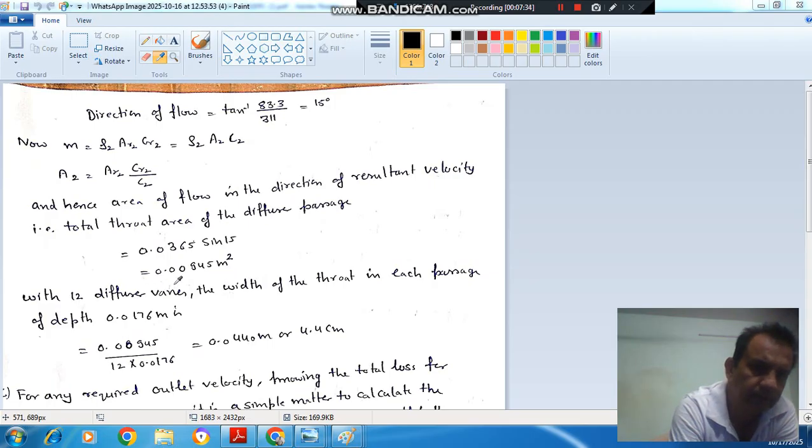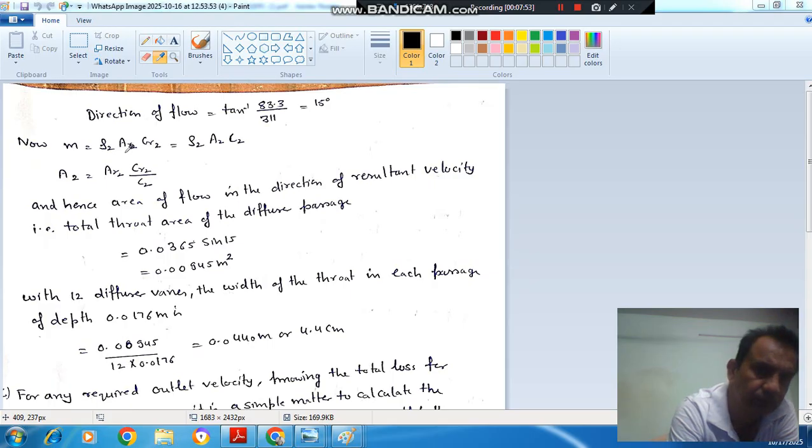So this is your total area. This is not of only one diffuser, as there are 12 diffuser vanes. It is the area of 12 diffuser vanes, because we have calculated this from the radius and depth.